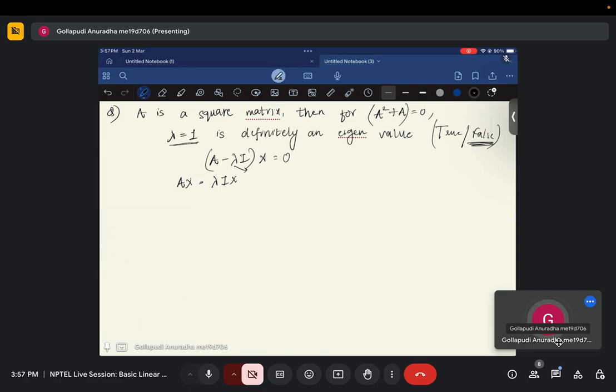So which means Ax is equal to lambda scalar into x. How can I write A square?